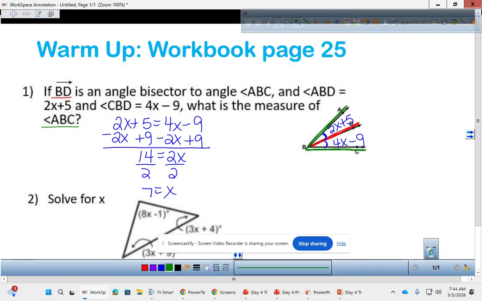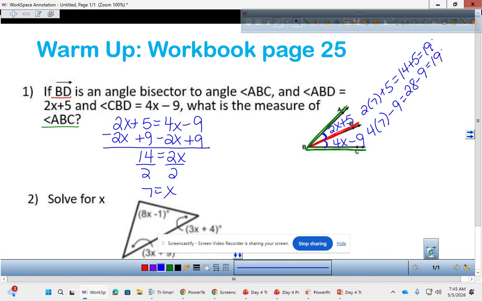So I'm going to take this 7 and plug it in here. So 2 times 7 plus 5, so 14 plus 5. All right, so that angle's 19 degrees. This should be 19 degrees too, but let's make sure. So 4 times 7 minus 9, 28 minus 9, okay, 19 degrees.